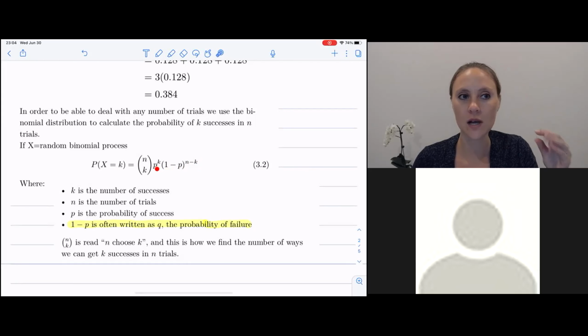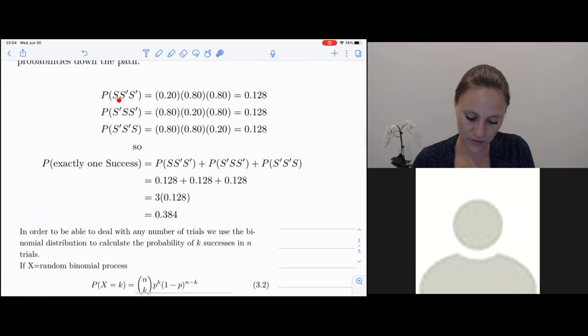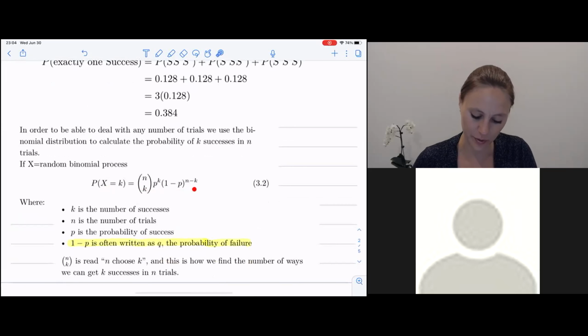We saw that pattern here. We had 1 success in each of these, so we had 0.2, and then we had 2 failures regardless of the order, so we had 0.8 to the power of 2. So we've seen the structure before, but now here it is as a formula. The only weird part is the choose function.